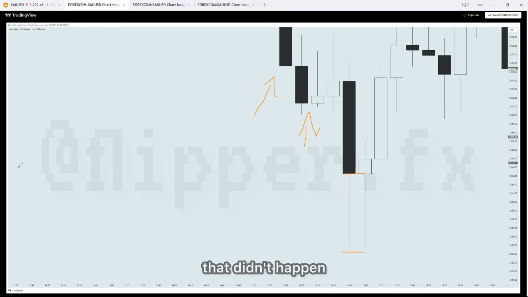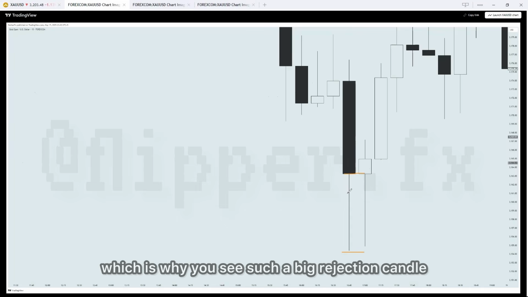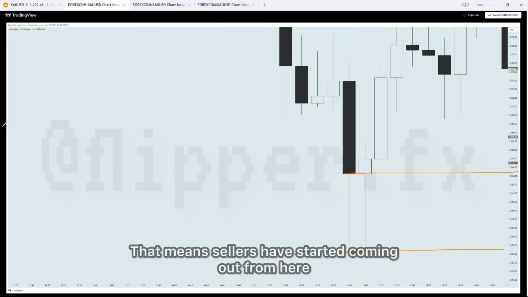But that didn't happen. Now, sellers have started exiting from this point, which is why you see such a big rejection candle, around 100 to 120 pips. That means sellers have started coming out from here.